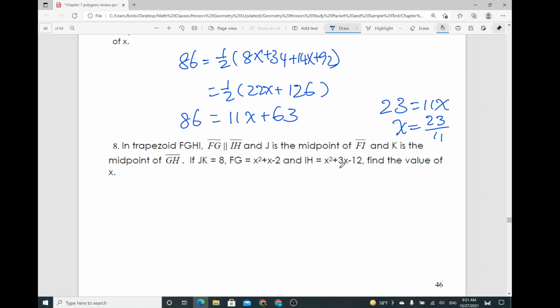So here's another one. It's quite similar. Draw the figure. Trapezoid FGHI. J is the midpoint of FI. K is the midpoint of GH.